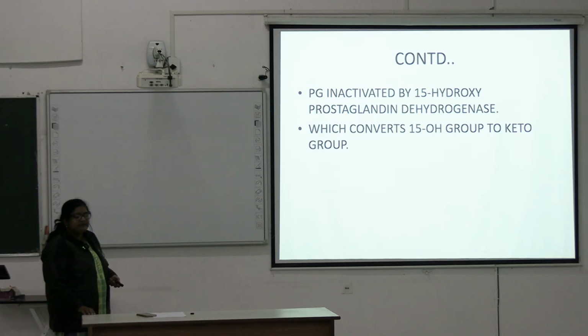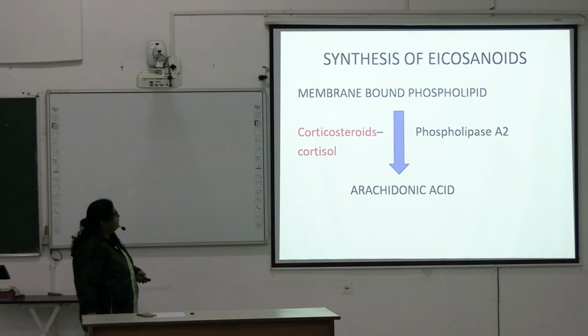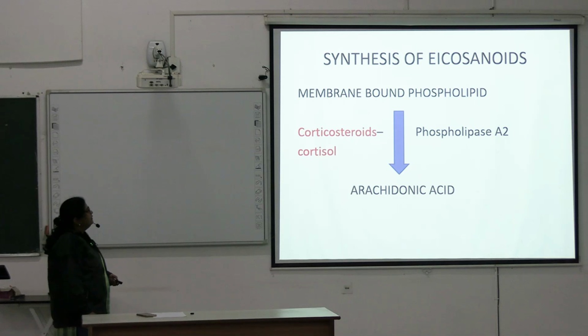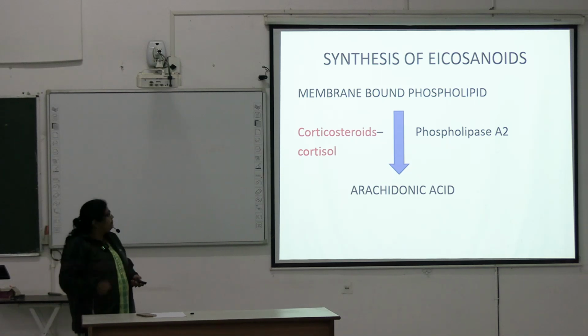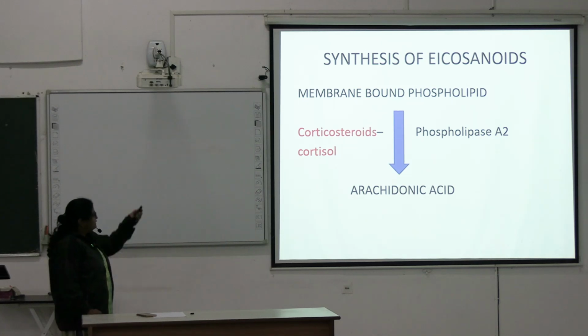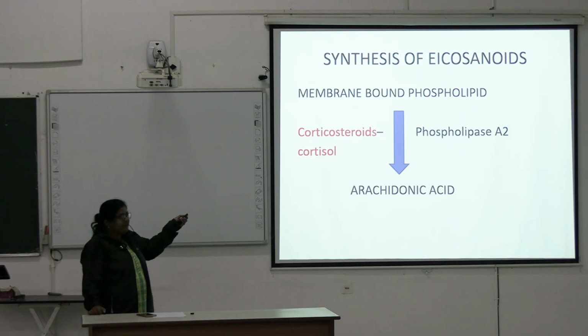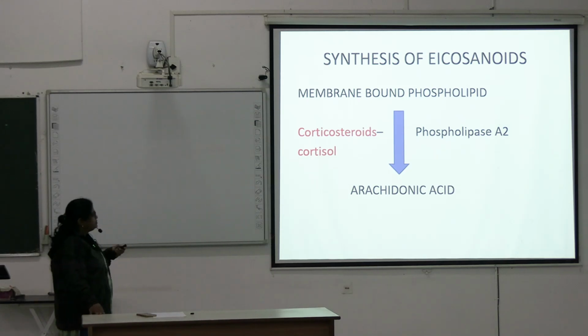They are inactivated by 15-hydroxyprostaglandin dehydrogenase, which converts the 15-hydroxyl group to a keto group. Synthesis is from membrane-bound phospholipid, which is converted by phospholipase A2 to arachidonic acid. This step is inhibited by corticosteroids. Okay. This step is inhibited by corticosteroids or cortisol.